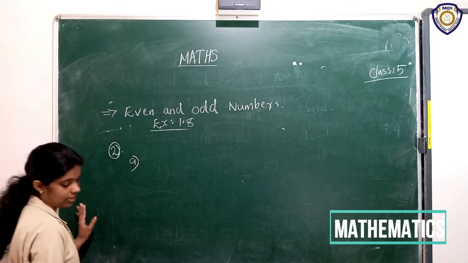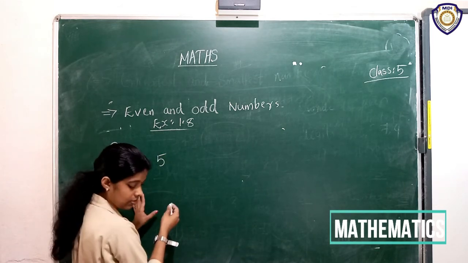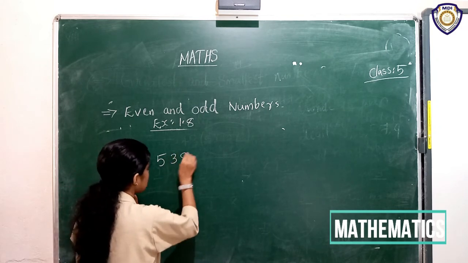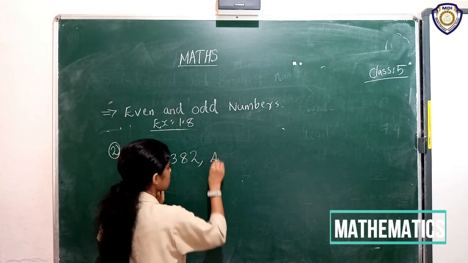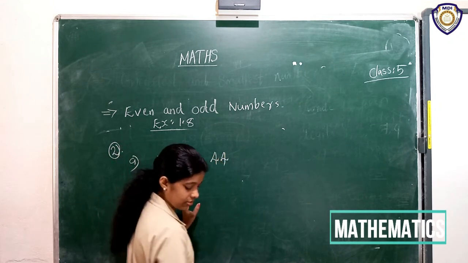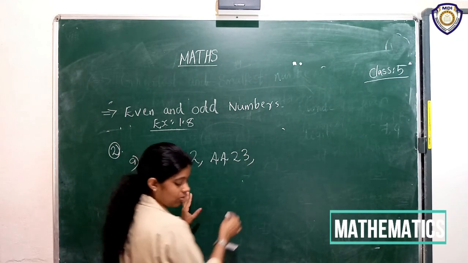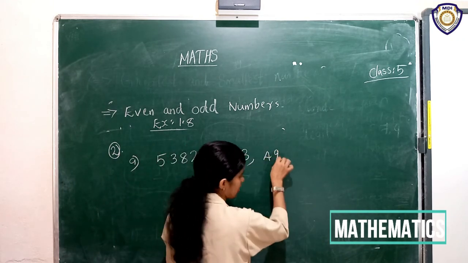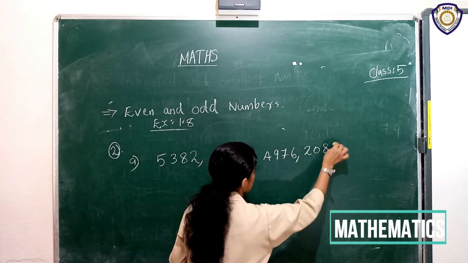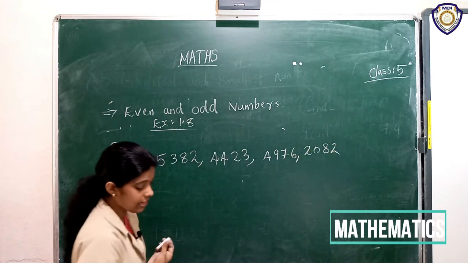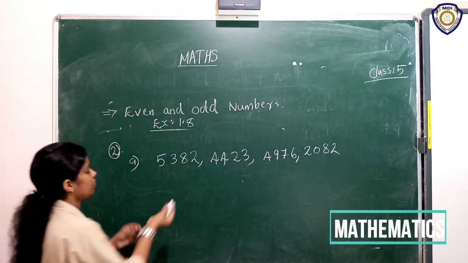First one, A: 5,382, 4,423, 4,976, 2,082. Circle the odd number. Look at the last digit.